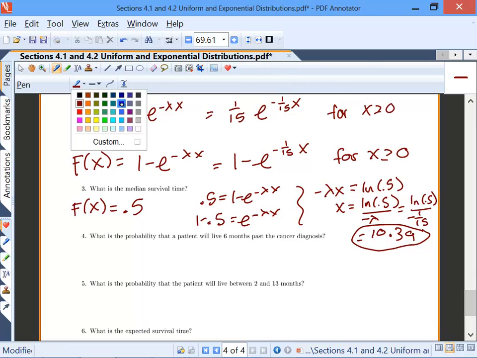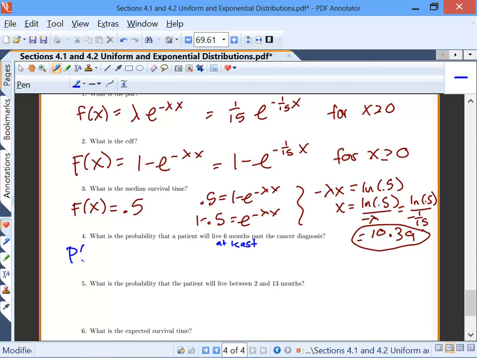So this is where it becomes fun, where I actually find the probabilities. What is the probability that a patient will live 6 months past the cancer diagnosis? I'm going to put in here, live at least. So the probability that x is greater than or equal to 6. How could you find this? You have two methods. Again, we could use the PDF or the CDF.